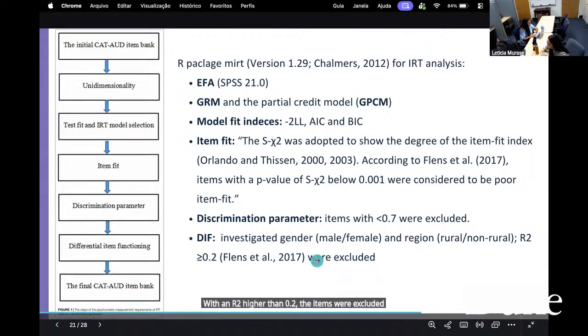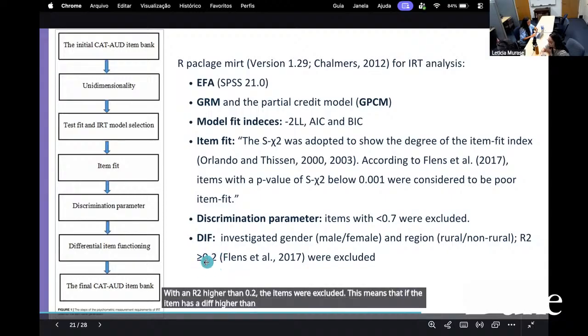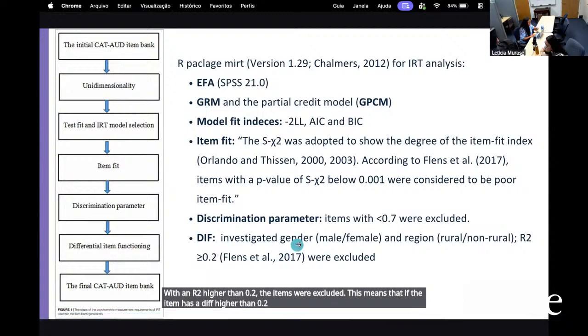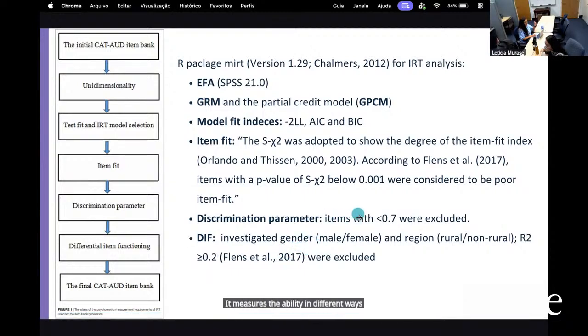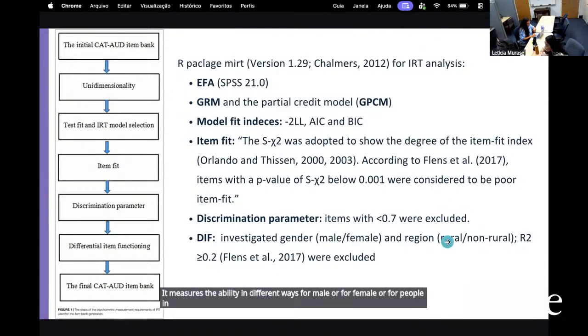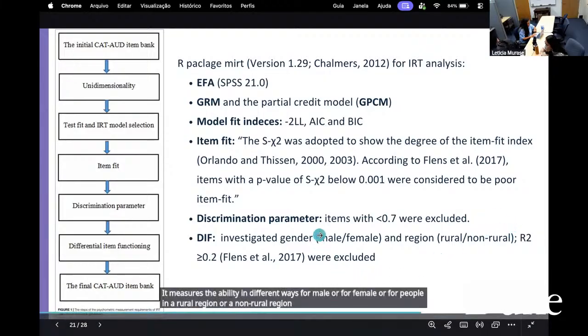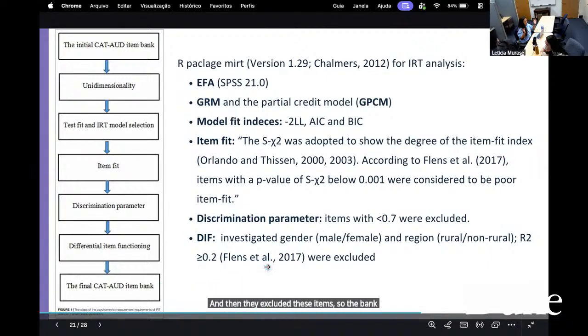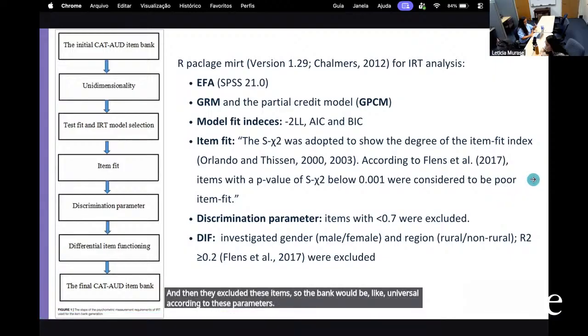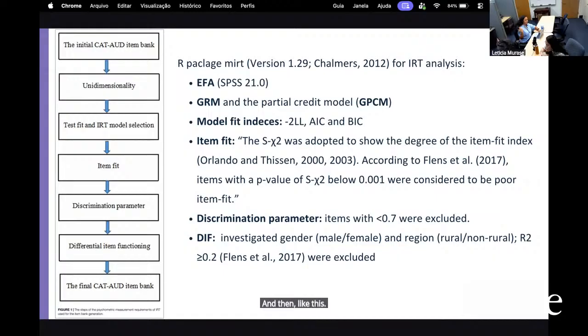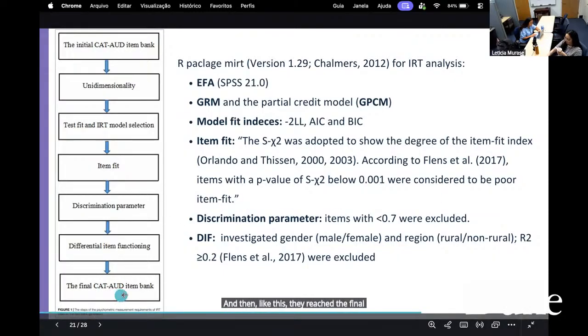This means that if the item has a DIF higher than 0.2, it measures the ability in different ways for male or for female, or for people in a rural region or a non-rural region. And then they excluded this item, so the bank would be universal according to these parameters. And then, like this, they reached the final CAT-AUD item bank.